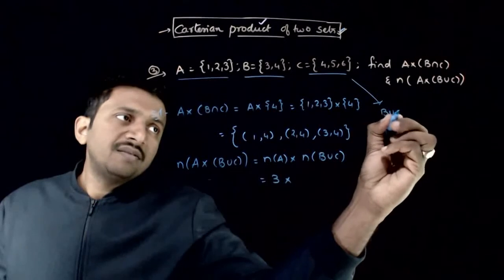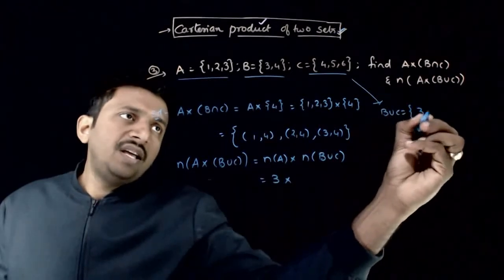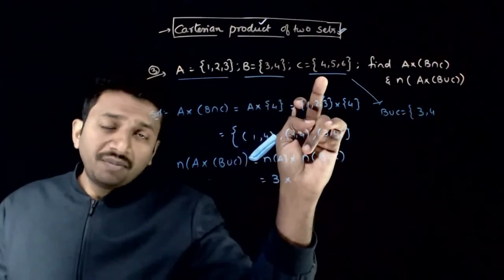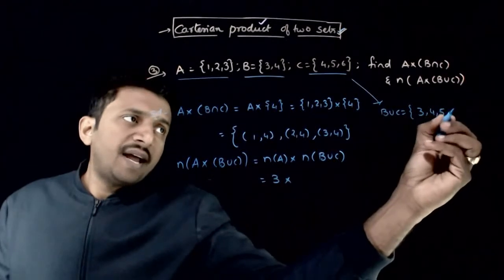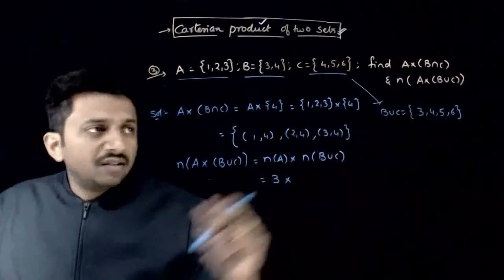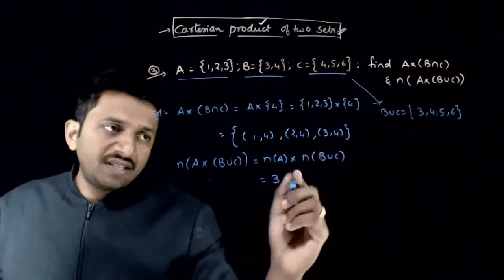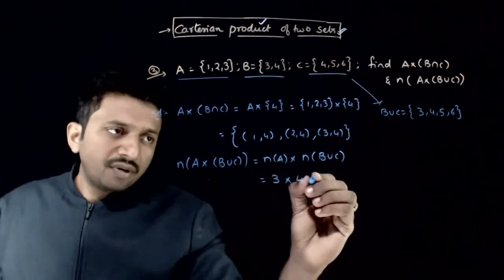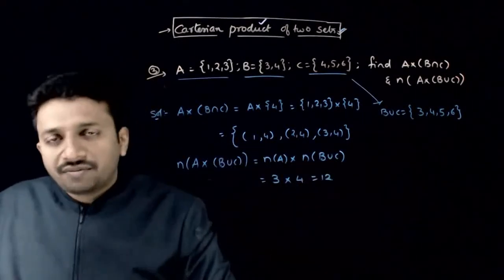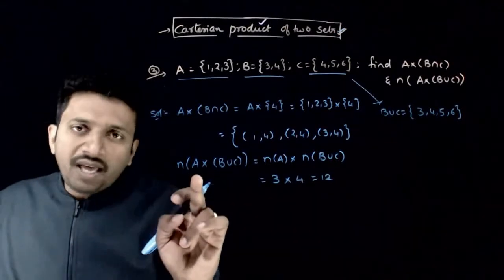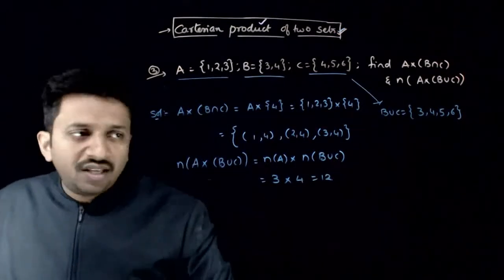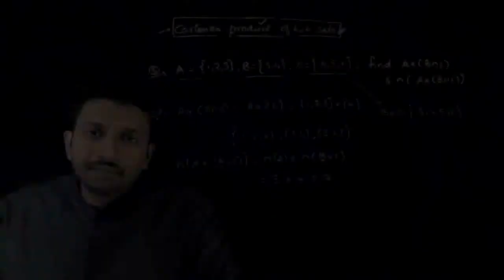What is B ∪ C? It is nothing but 3, 4, 4 has already come, 5 and 6. So B ∪ C is {3, 4, 5, 6}. So n(B ∪ C) is 4. So that is equal to 12. So n(A × (B ∪ C)) is 12.